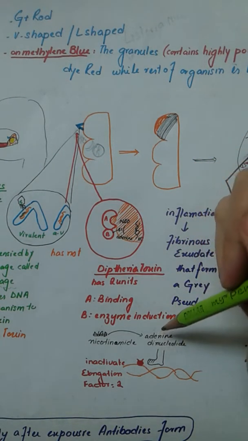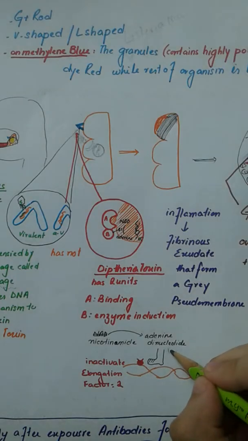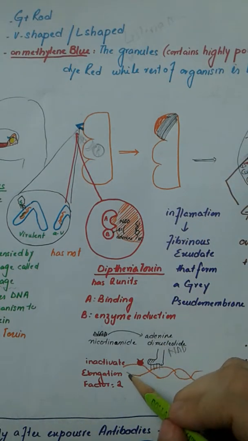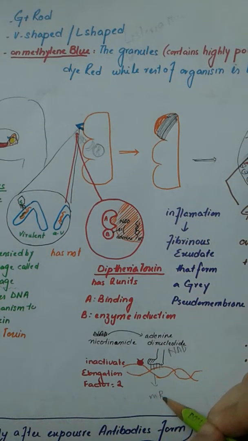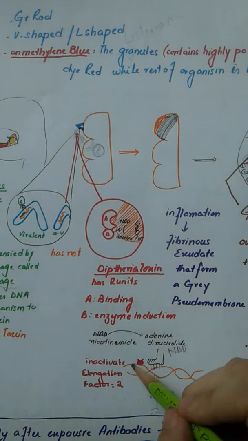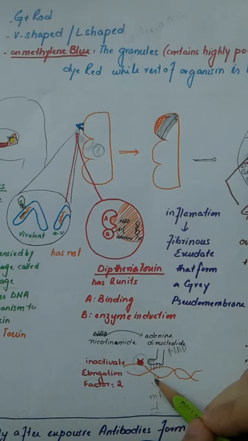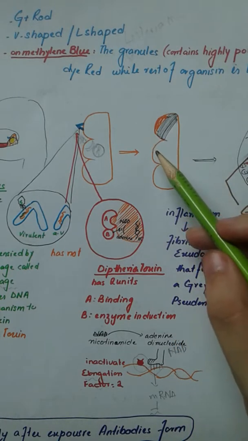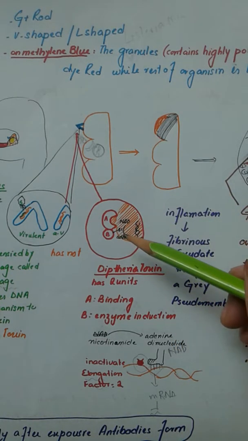By making this, it inhibits the formation of messenger RNA that is readily formed into certain proteins. It inactivates elongation factor 2, which is supposed to read this DNA in order to form the messenger RNA. Similarly, the cell protein would not be formed and the cell would die.